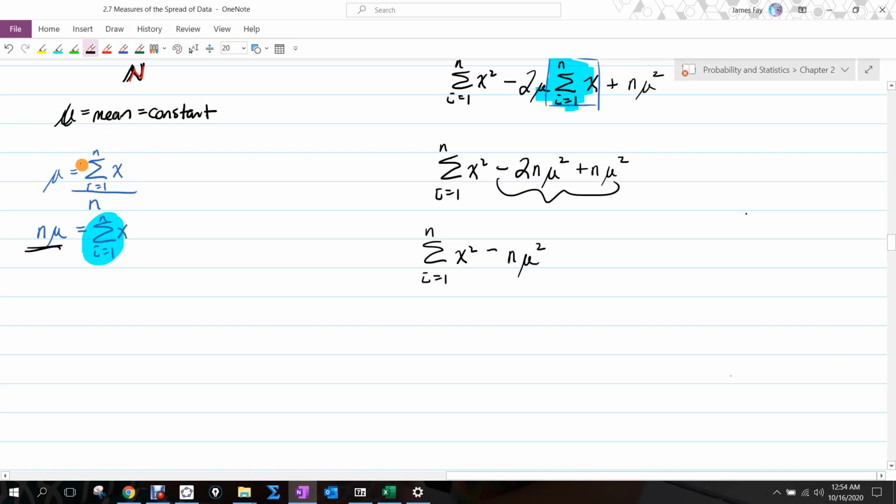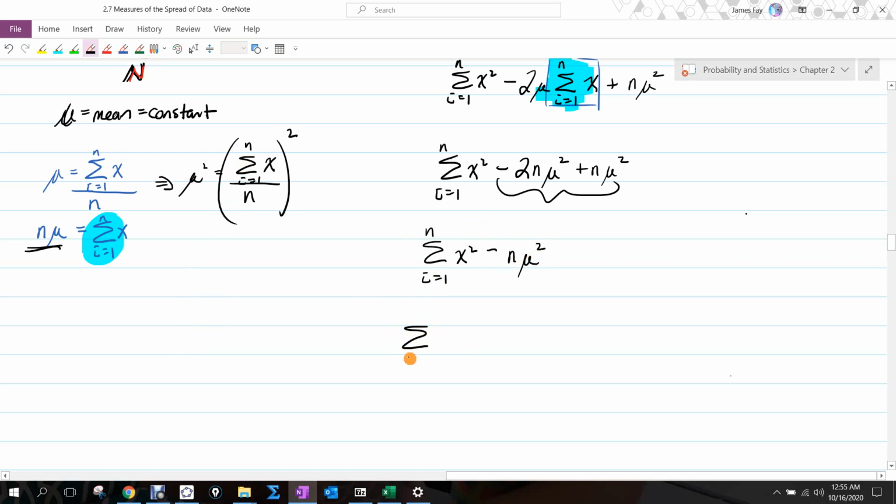Okay. So basically what I wanted to do is try to get this back into working with my values of x, my data points. So if this is mu, then mu squared would be this: the sum from i equals 1 to n of x, over n, squared. Okay, that's what mu squared would look like.